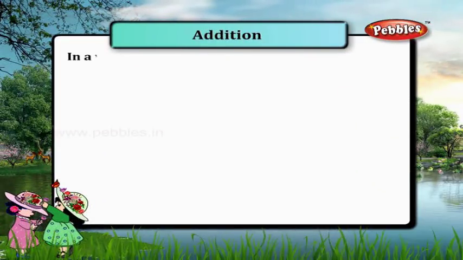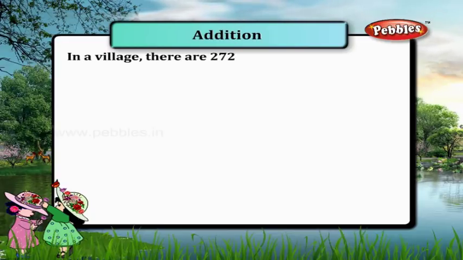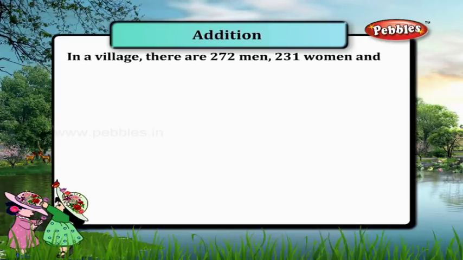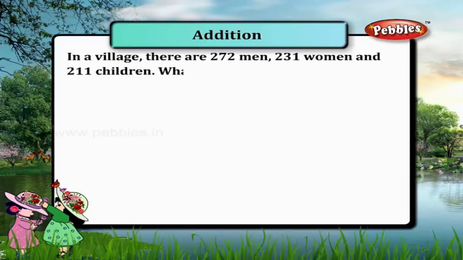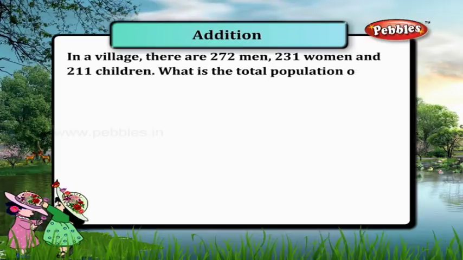In a village, there are 272 men, 231 women, and 211 children. What is the total population of the village?